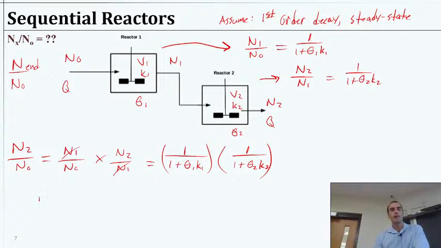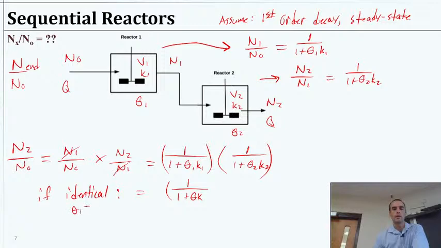And if we have a system where they are identical, so we just make them the same size, we give them the same amount of stirring, the same reactions happening in each of them, we can simplify this much further and say this is 1 over 1 plus theta K, because now the theta and the K will be generalized.